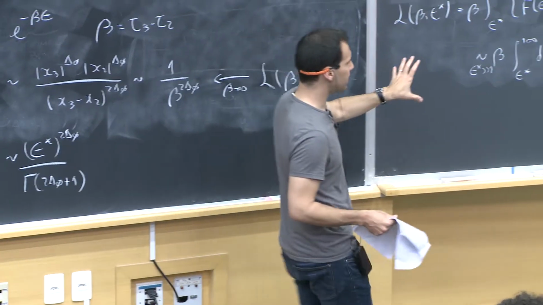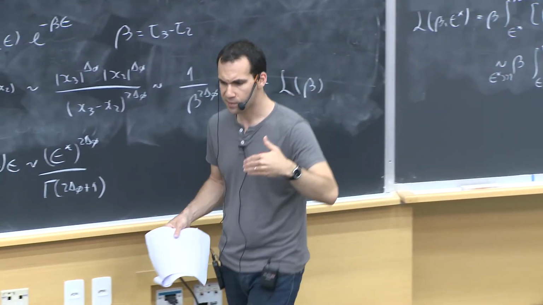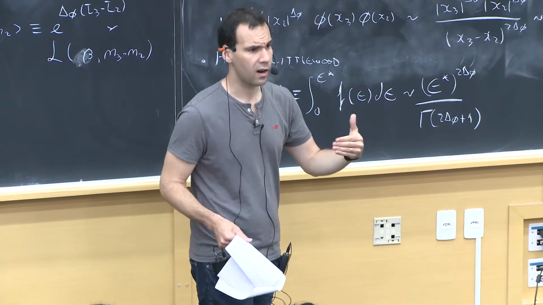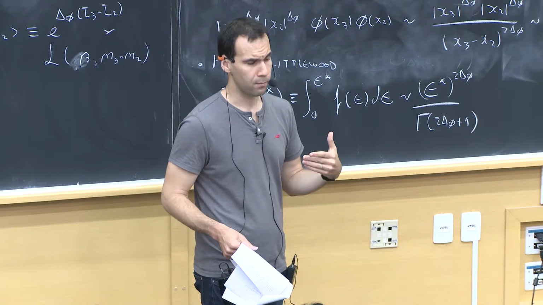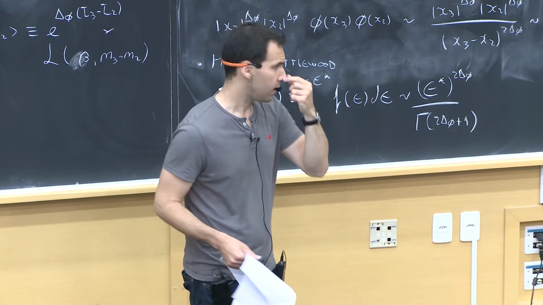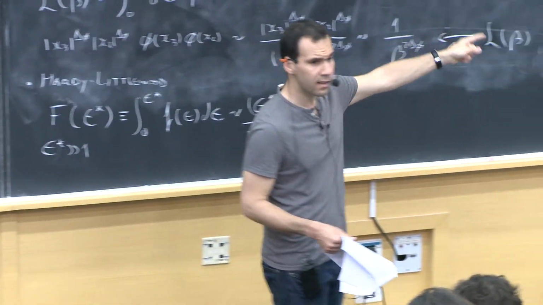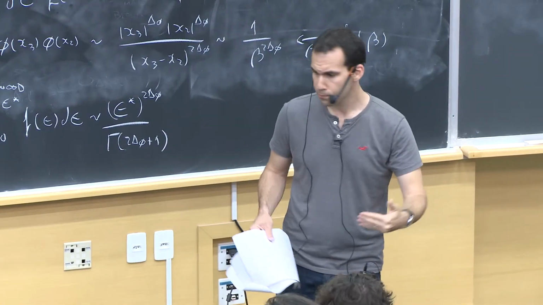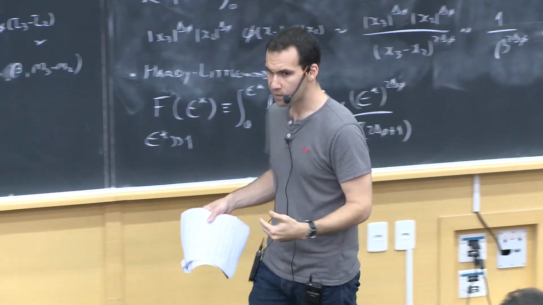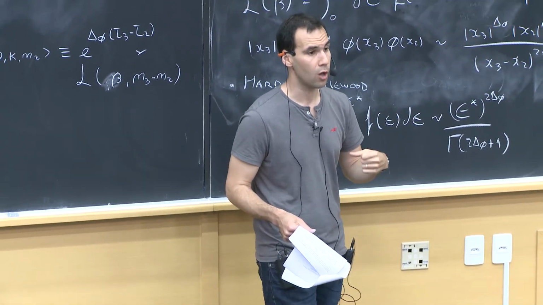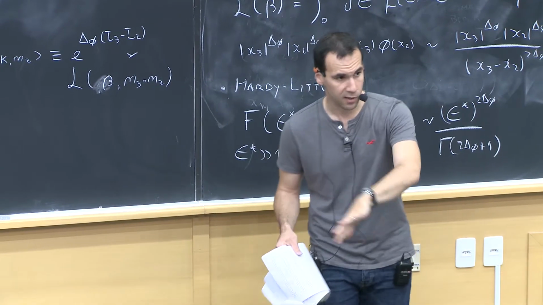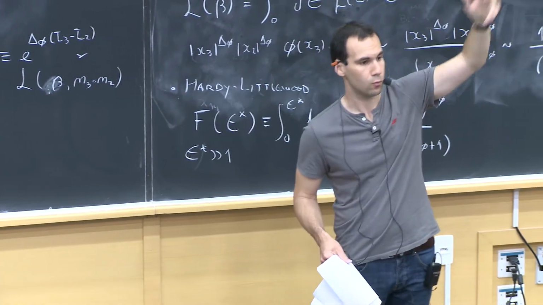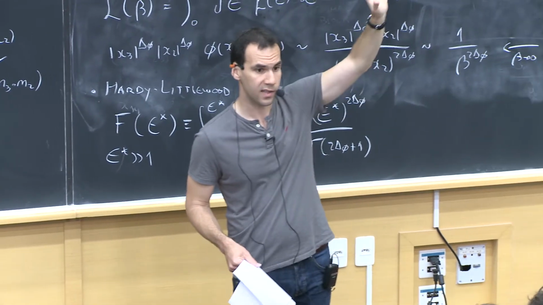Now, this is a bound on the contribution of states with delta above E star. But what we want is a bound on the blocks. It's easy to see that the tail when you include descendants is always larger than the tail when you include the blocks, because with the blocks, you are subtracting the low energy blocks, but low energy blocks include an infinite set of states with energies arbitrarily high.